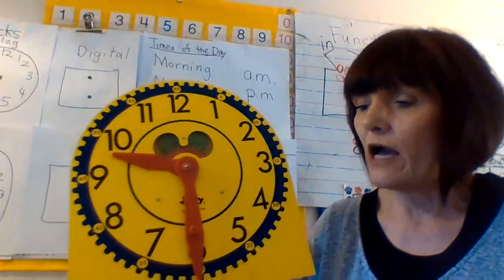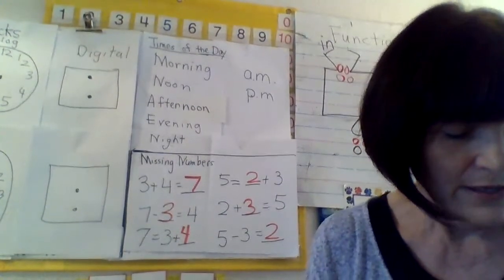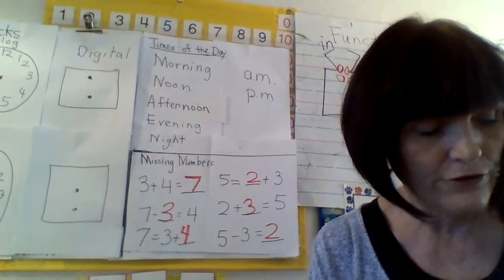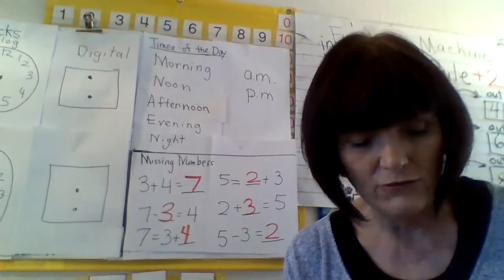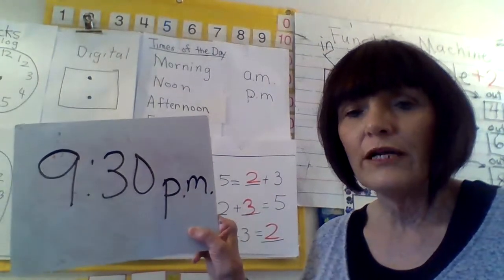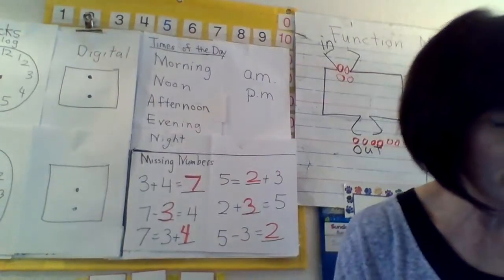All right, 9:30. Is that going to be PM or AM? We are in nighttime now. 9:30. Make your best guess and write it on your board or your paper. 9:30 p.m.